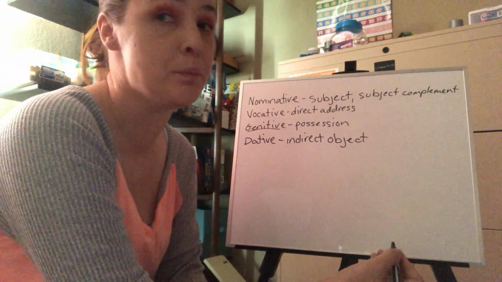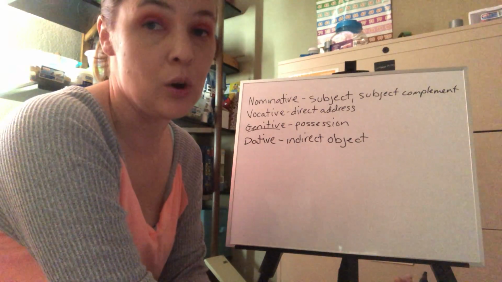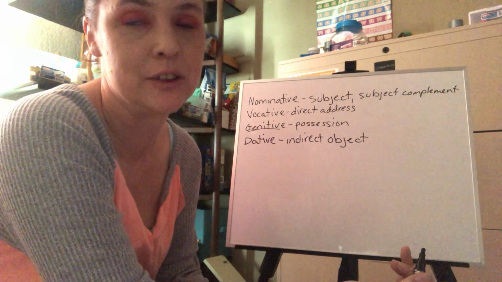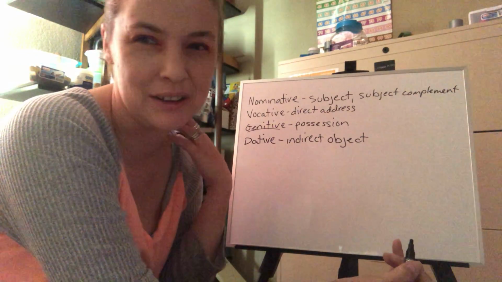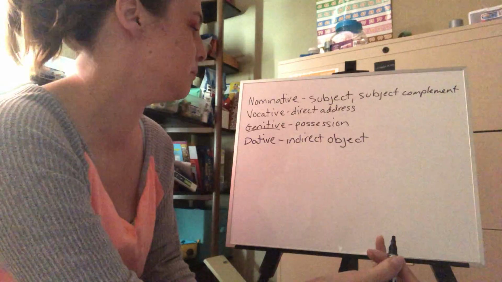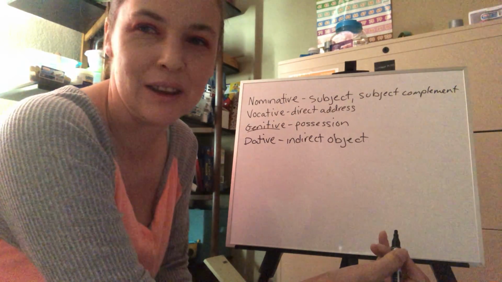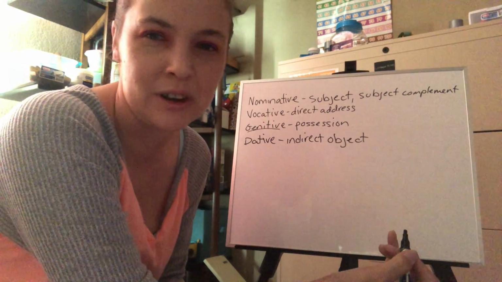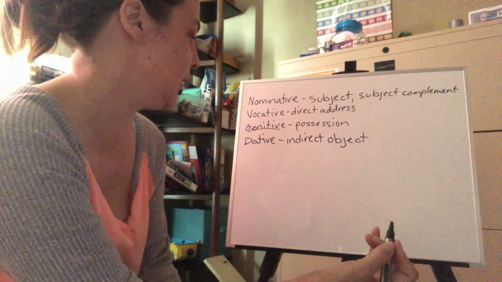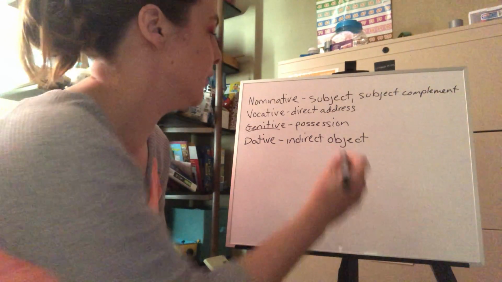It's the person who benefits from or is disadvantaged by an action. It can also be a thing that's disadvantaged, but usually it's a human. I can't think of too many examples where the indirect object is going to be a thing. I'm sure they're out there, and if I think long enough about it, I'll think of one.